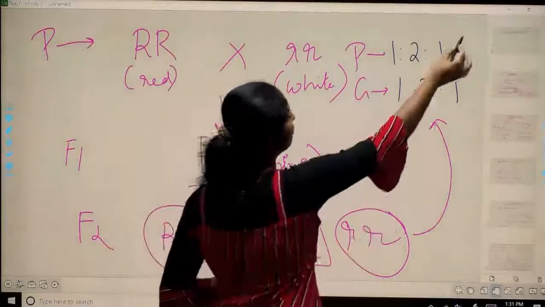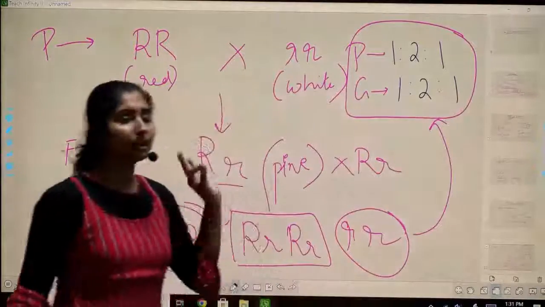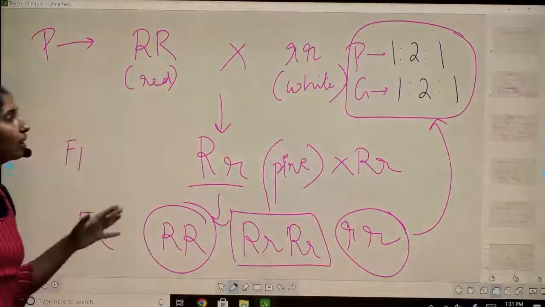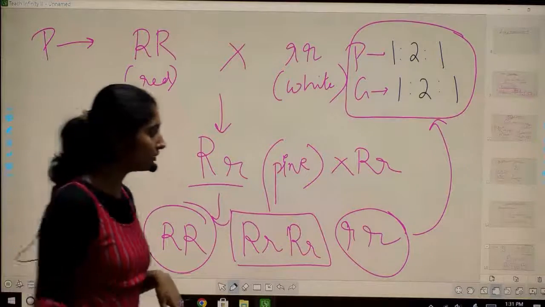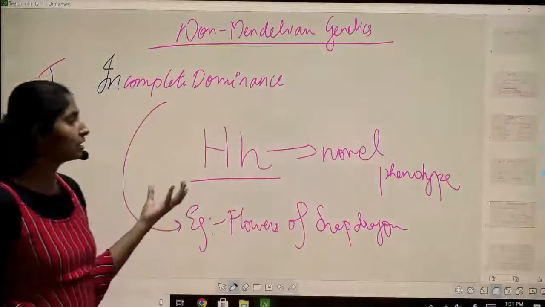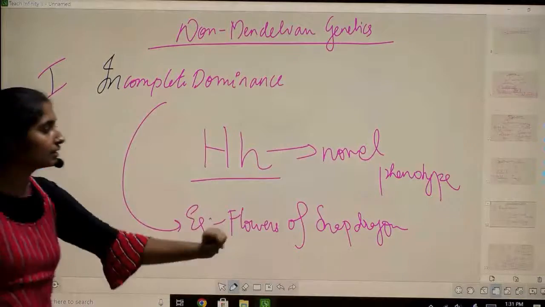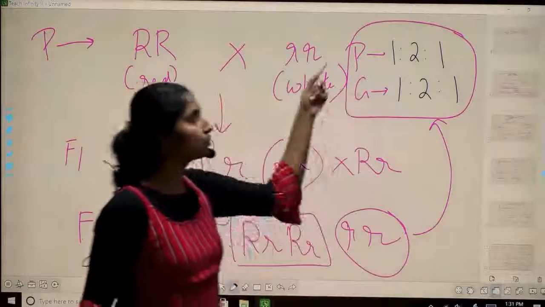Here, the phenotypic ratio resembles the genotypic ratio, another very important characteristic of an incomplete dominant cross. So in incomplete dominance, what have we seen? First of all, in a heterozygous condition, there would be a novel phenotype. Second, the genotypic and the phenotypic ratios would be similar.